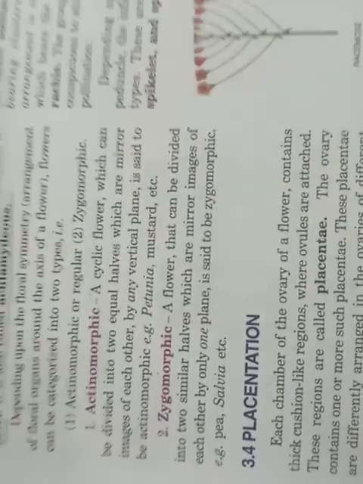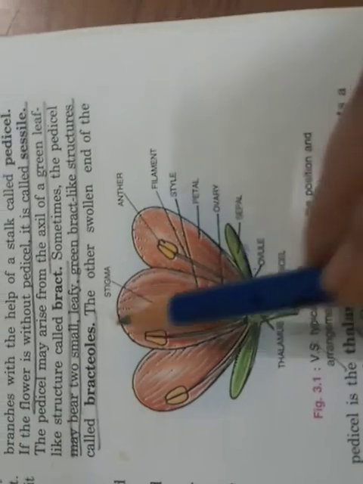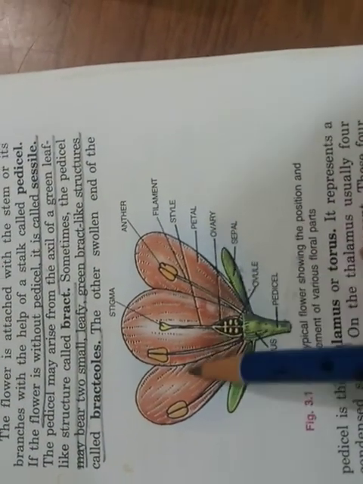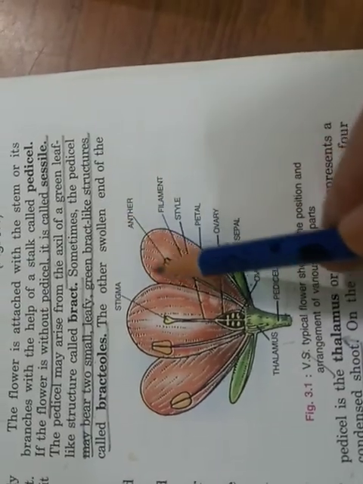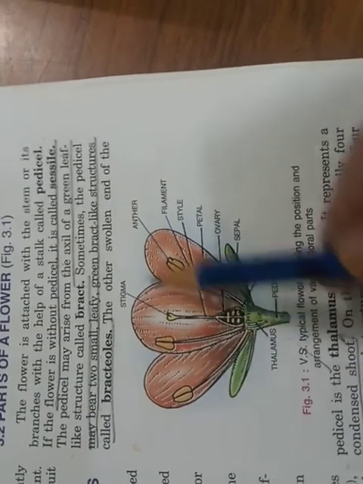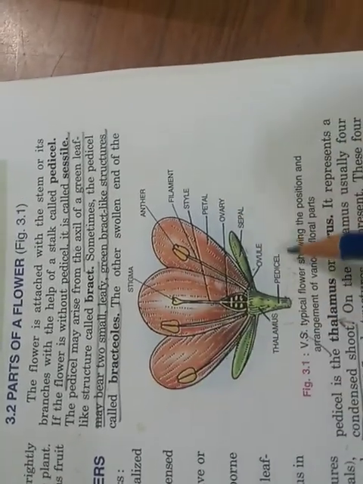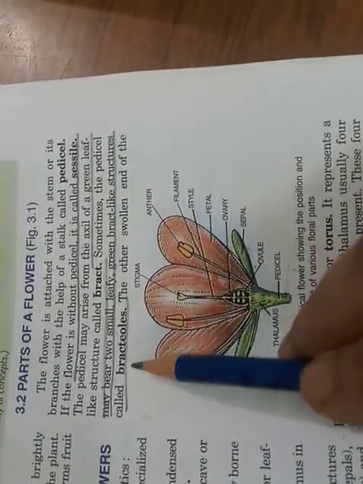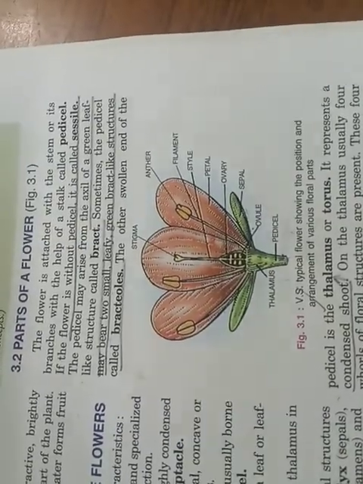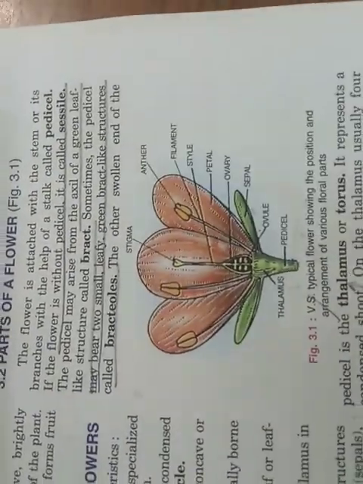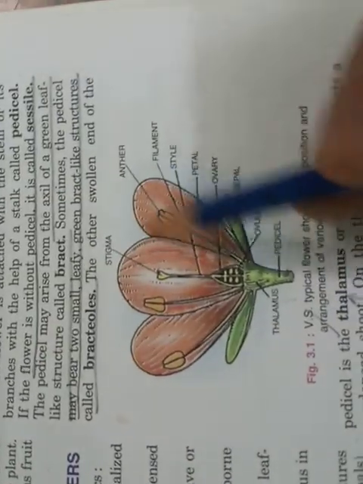By any vertical plane means, see here, suppose this is a flower. If we divide this flower like this, it will have mirror images. But if we cut this flower like this, they are not mirror images.